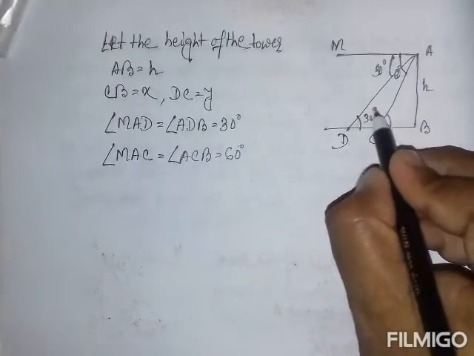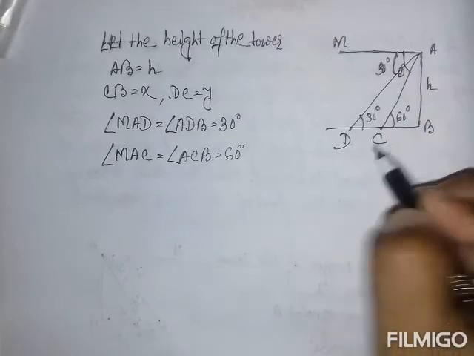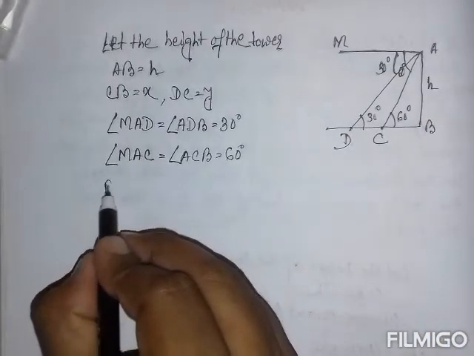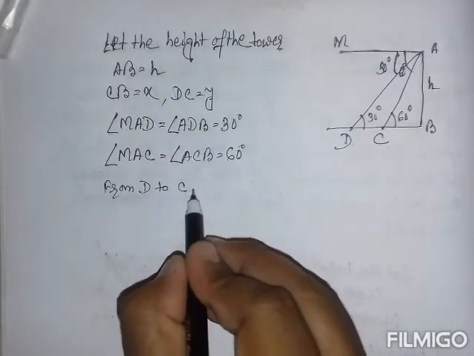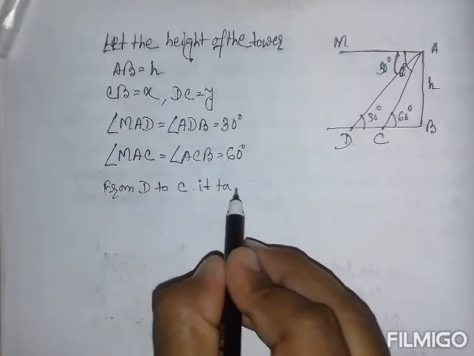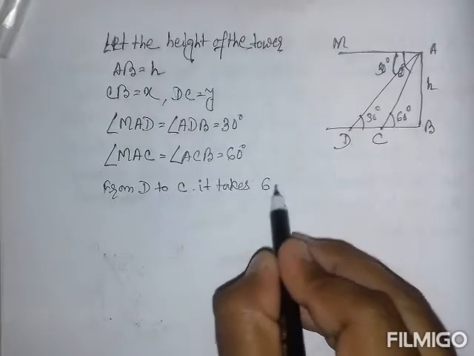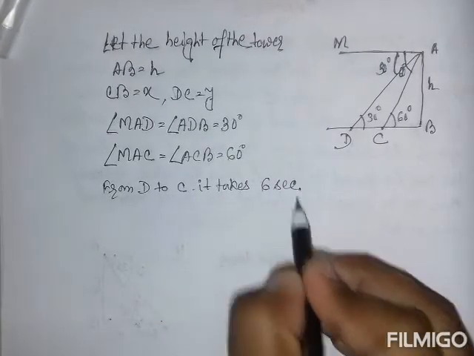So it is 30 degree and it is 60 degree. From D to C it takes 6 seconds.